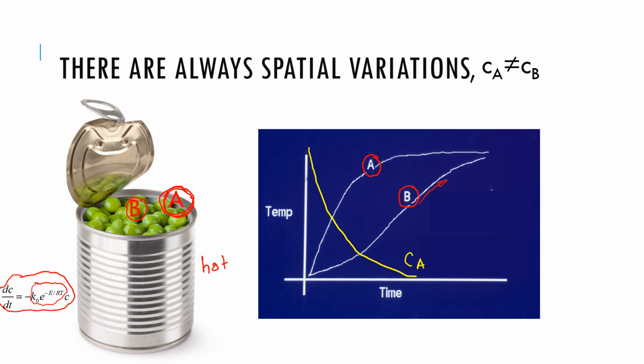Now because B trails A, because the temperature at B is always lower, it will not destroy as much. So at B the plot can look something like this.